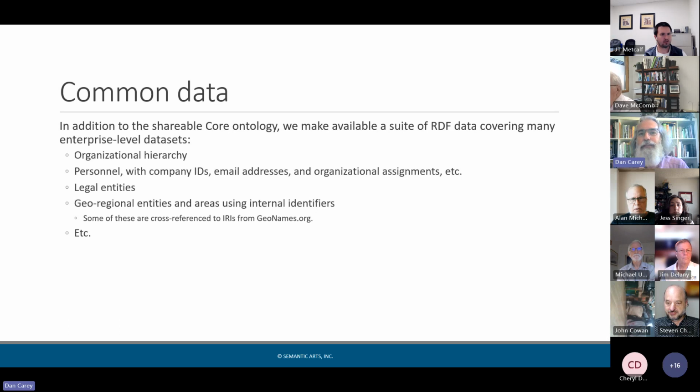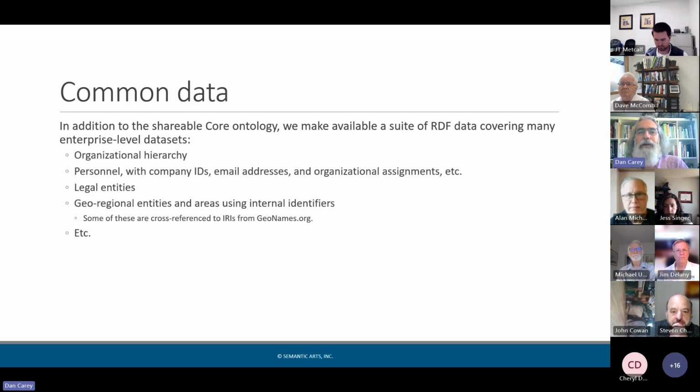You get the list of the personnel, along with their email addresses and their organizational assignments and their company IDs. You do not get the sensitive PII kind of data. That's right out, but the focus here is on the bits of things you need to know about organizations and personnel to work with the other things you want in your knowledge graph.